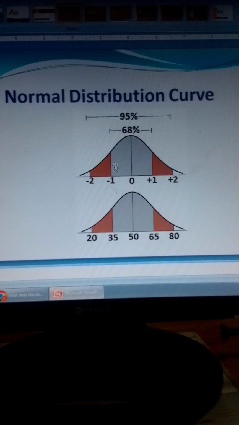In this curve, the mean is 0 and the standard deviation is 1.